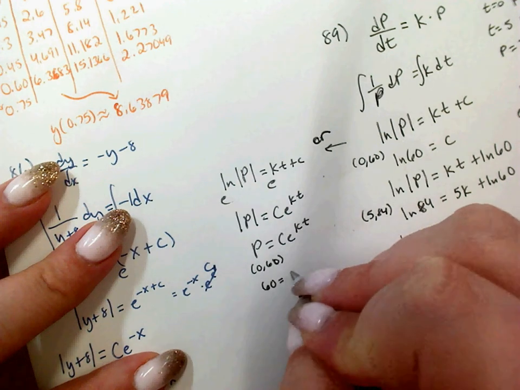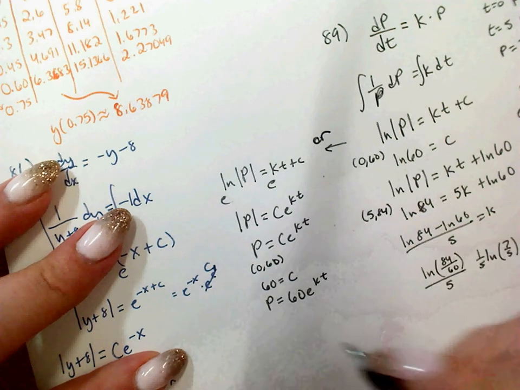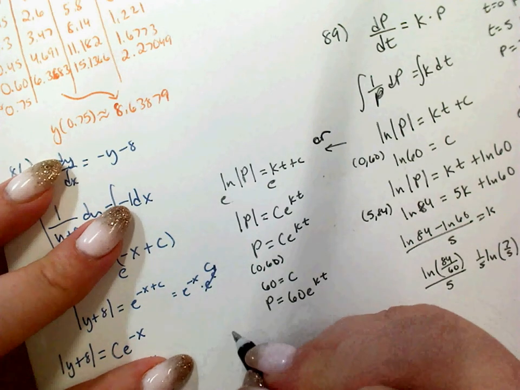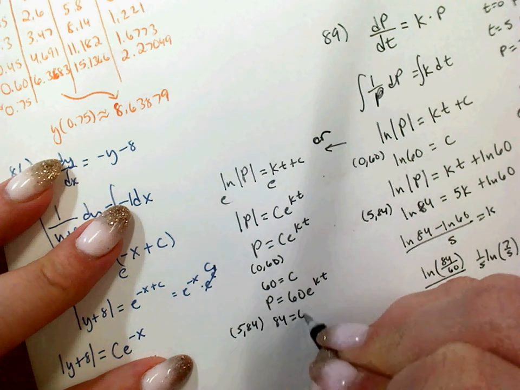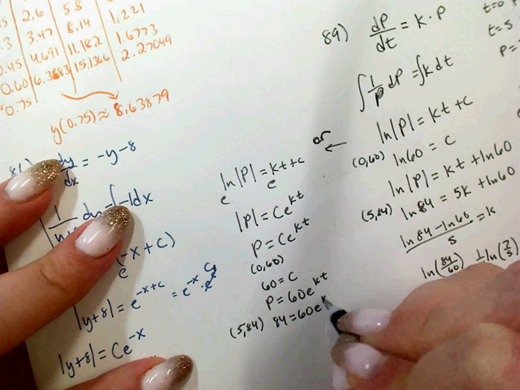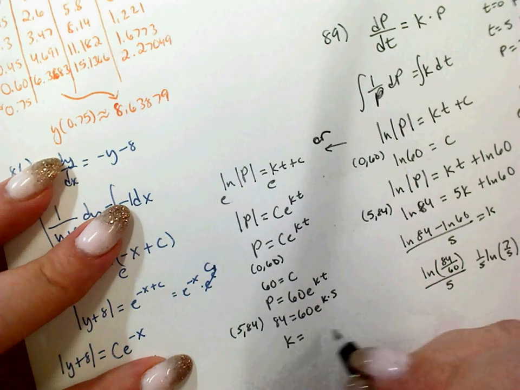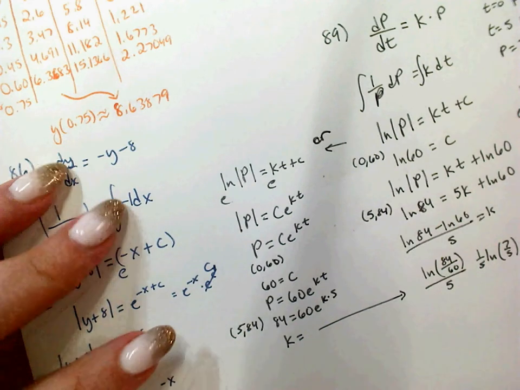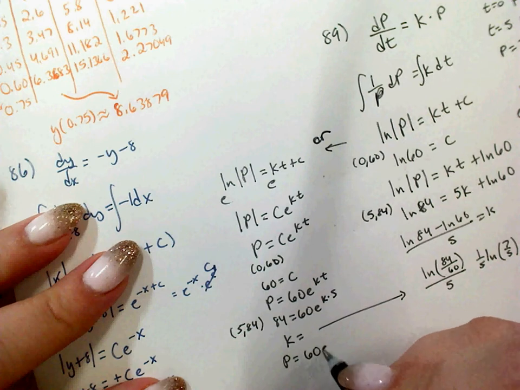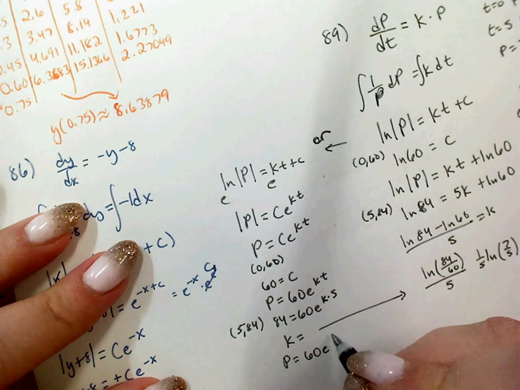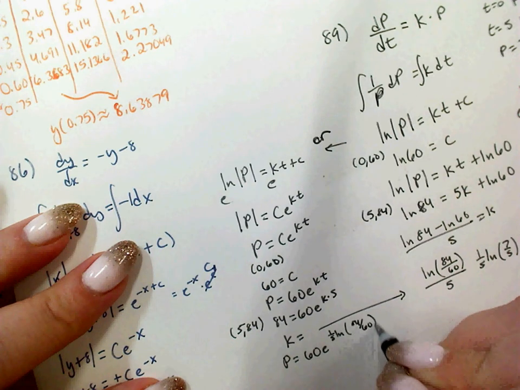Using 5, 84: 84 equals 60 e to the k times 5. K will equal that. So then you end up with p equals 60 e to the 1/5 natural log of 84/60 t. Plug in t equals 11, and there you go. That's whatever you see.